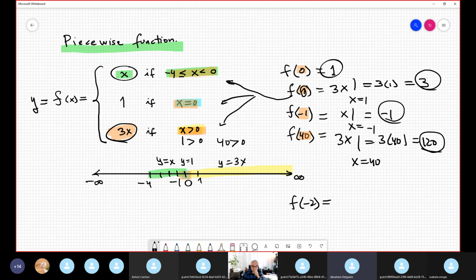And -2, bueno, -2 belongs to this interval, to the green one, because -2 is here. Look, -2 is here. Entonces, I select the expression x, que es the expression que belongs to this interval. Entonces, x such that x is -2, and evaluate at -2. You get the idea?